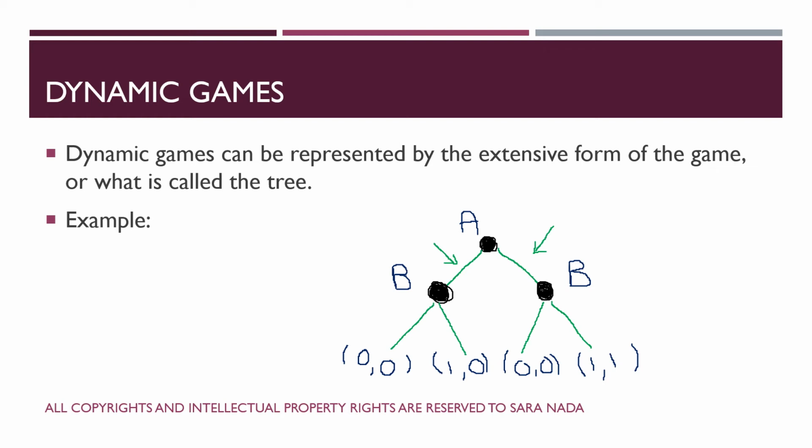This representation, or this drawing that is in front of you, is what we call the extensive form of the game, or you can call it the tree because it's like a tree. It is representing the dynamic game that we assume to have.